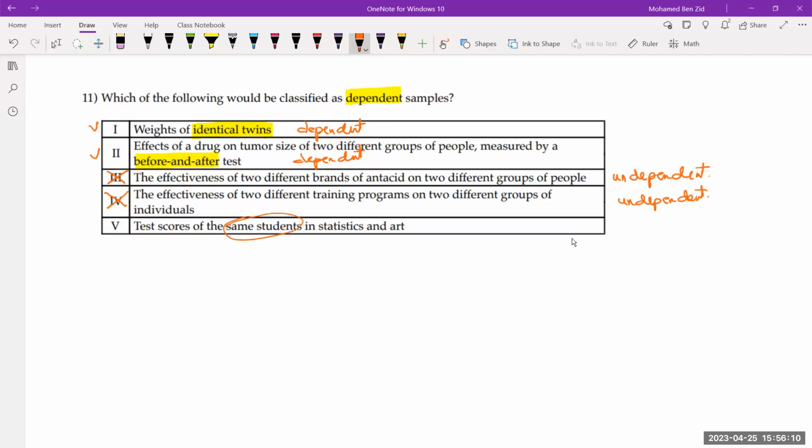So they are saying the same students here, in statistics and art. So different subjects, but the same students. And this is going to be dependent then. All right. So 1, 2, and 5 are dependent. 3 and 4 are not.